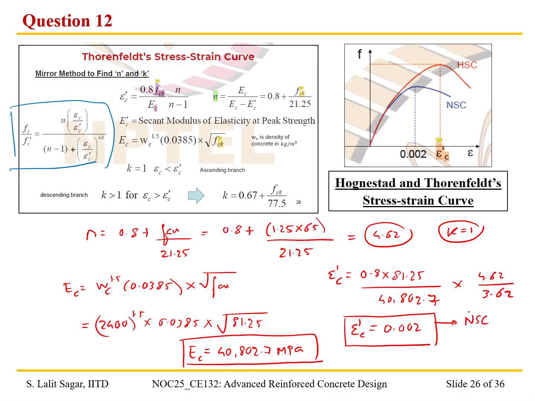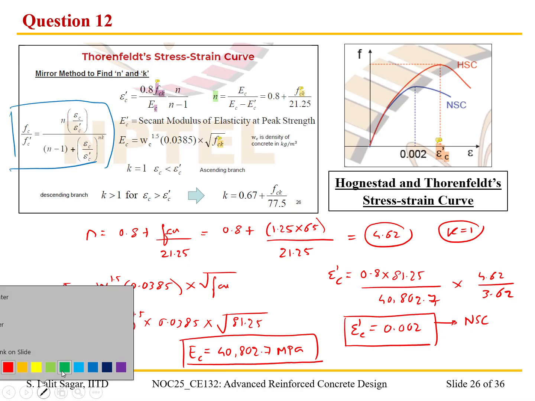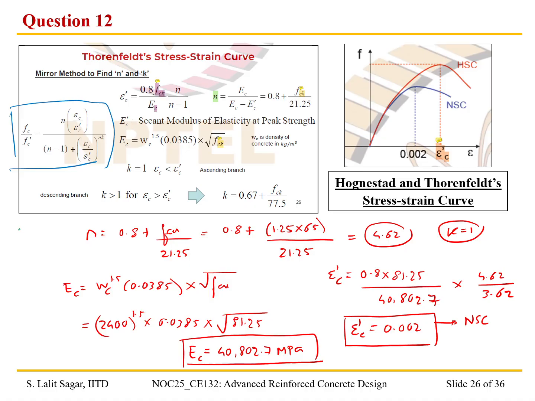Now we have all the values required to determine the value of fc. I'll take a different color now and start solving the problem. We need to determine the value of fc for two values, that is epsilon c is equal to 0.001 and epsilon c is equal to 0.002.